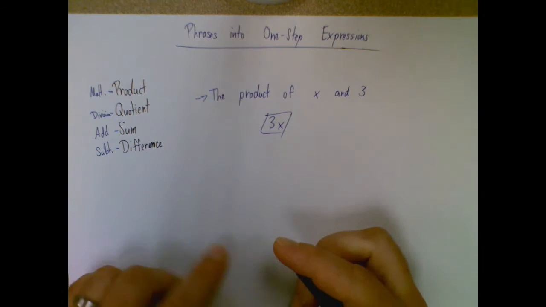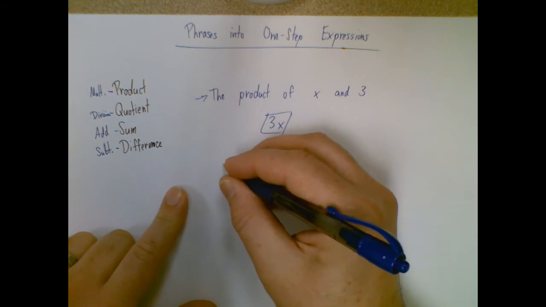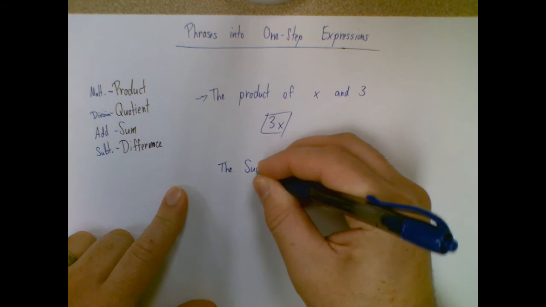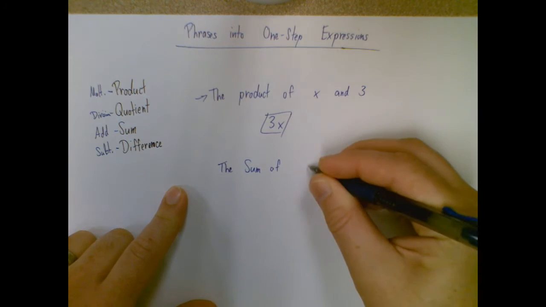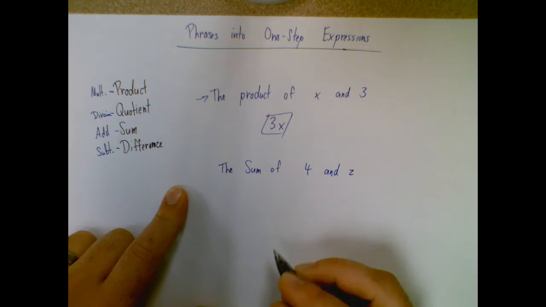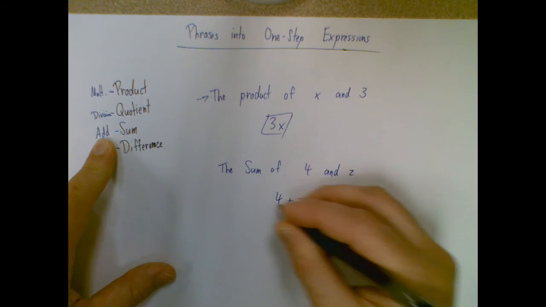That would be your answer. Or maybe you'll see something like, you want to describe the sum of 4 and z. Sum is an addition problem, so it's just 4 plus z.